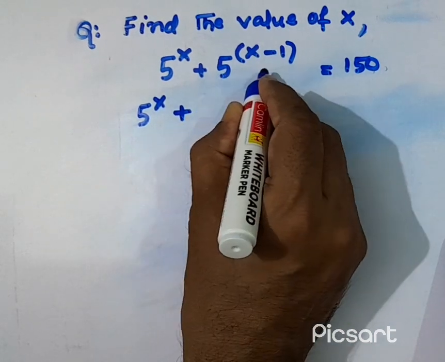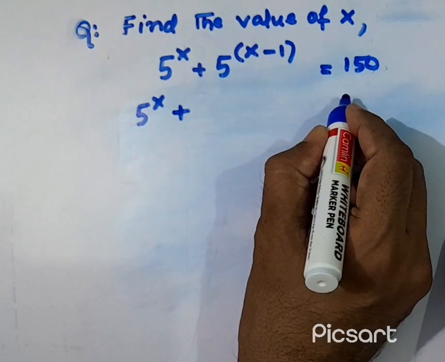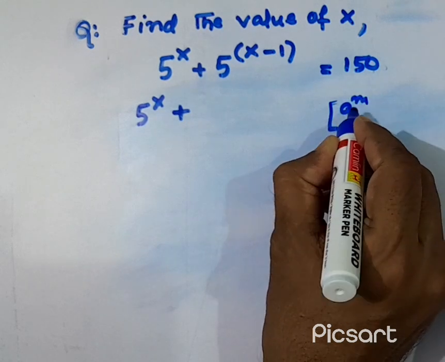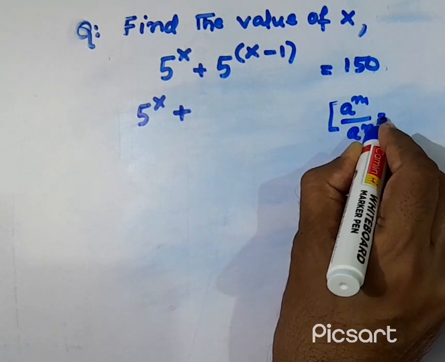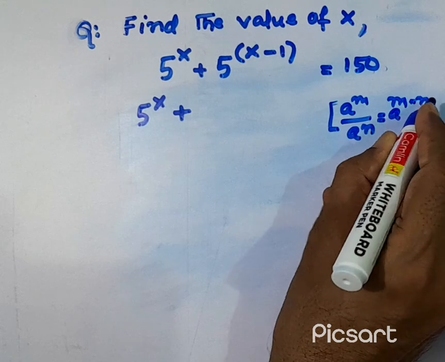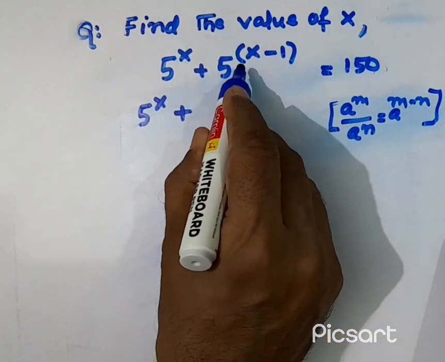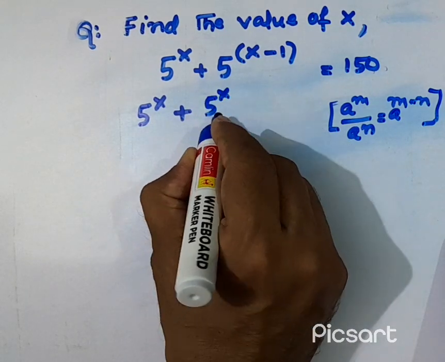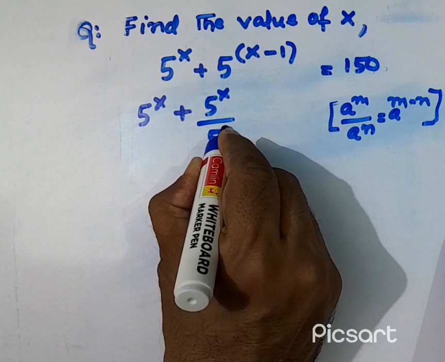plus this portion, using the exponential law of a to the power m divided by a to the power n is equal to a to the power m minus n. So using this law of exponent we can expand it as 5 to the power x divided by 5 to the power 1.